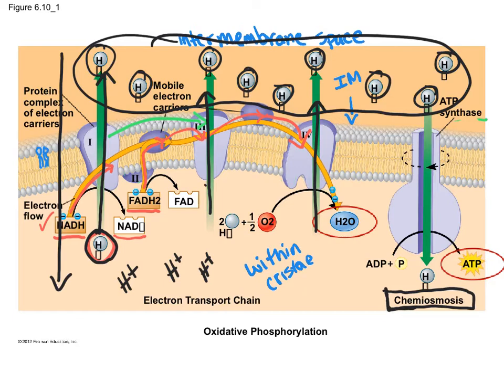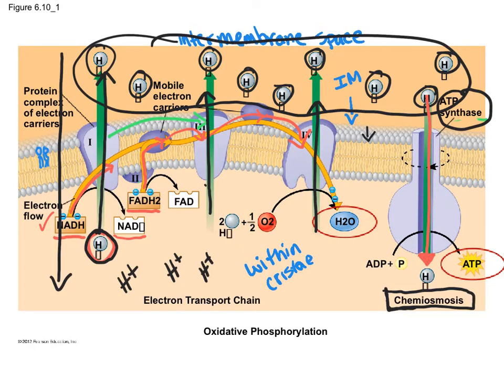What's going to happen, and it only happens through this enzyme ATP synthase, is those hydrogen ions normally can't just pass directly through that membrane. Those hydrogen ions have got to pass through ATP synthase. So they can only go through ATP synthase, this enzyme, to get to the other side.